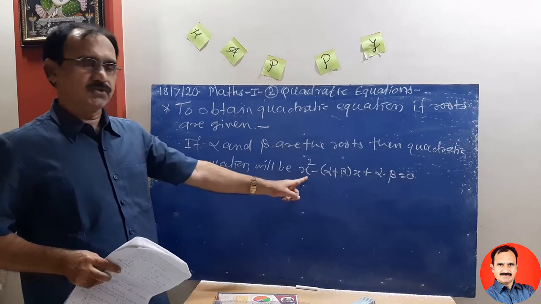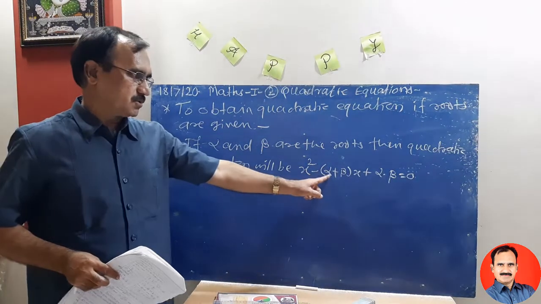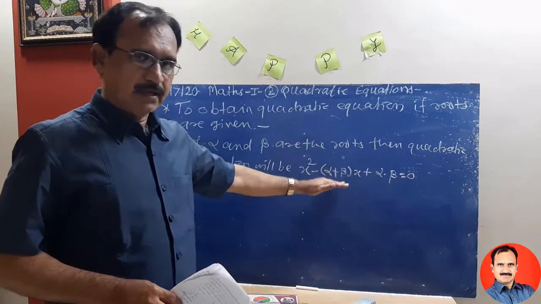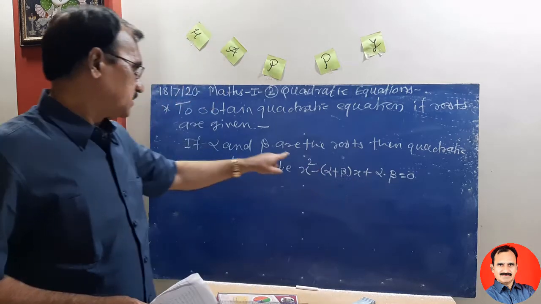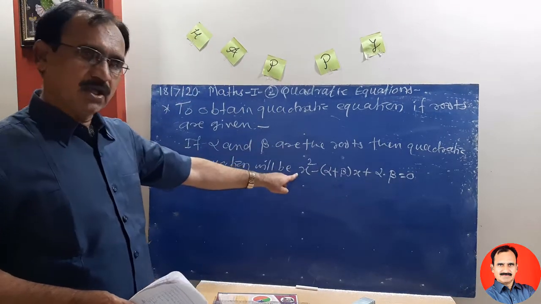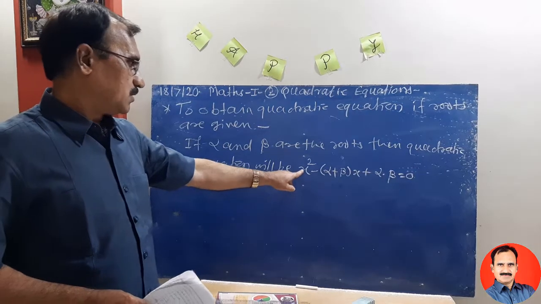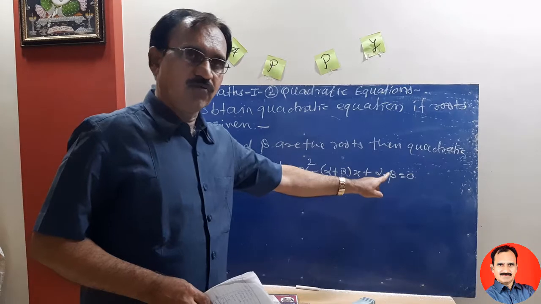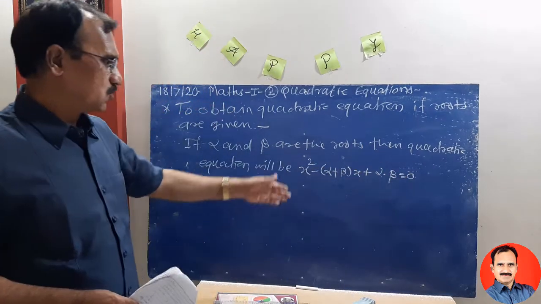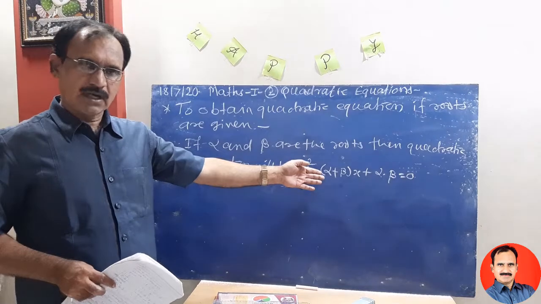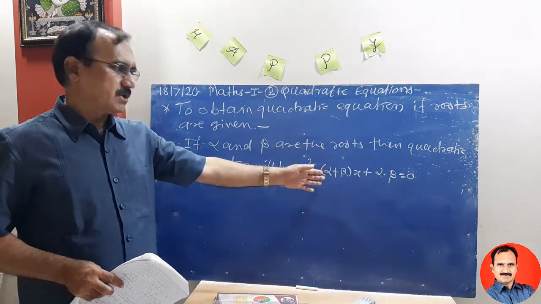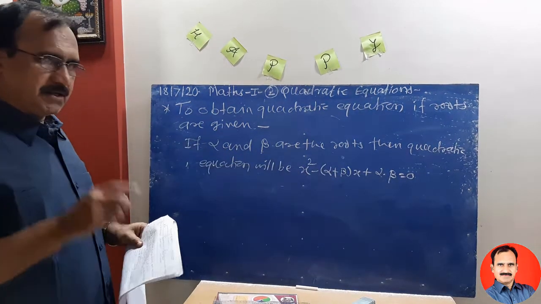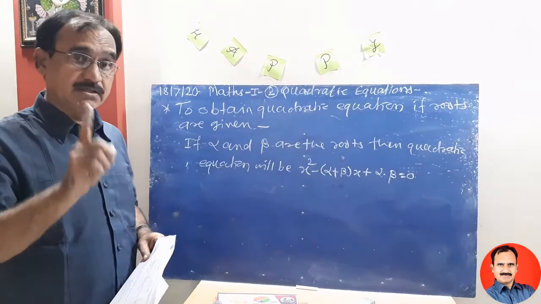See there, this is very very easy. If we know the roots, put them here, then simplify, and this is the required quadratic equation. Means if alpha and beta are the roots, the required equation will be x square minus, in bracket, alpha plus beta into x plus alpha into beta is equal to 0. See, this is it. Write down, this is very very easy. Don't forget this. This is very easy, but don't forget. Practice is essential for mathematics each and every day.